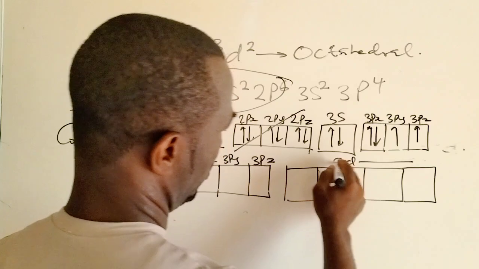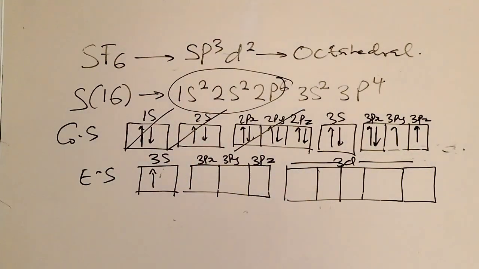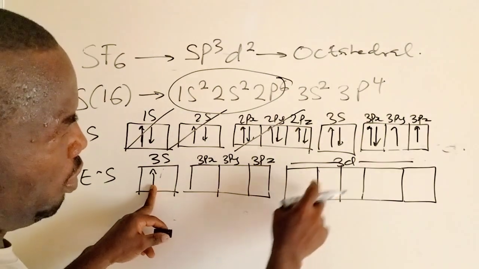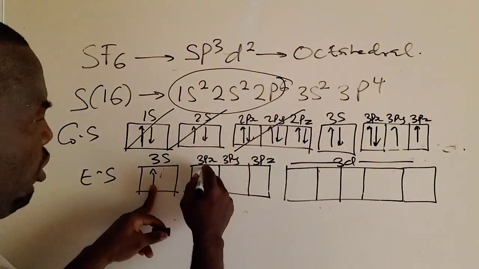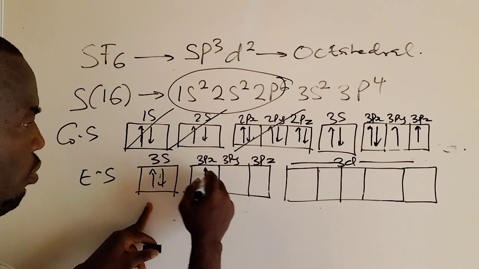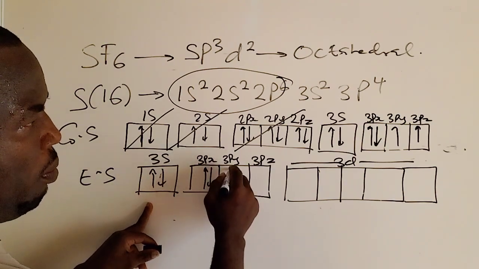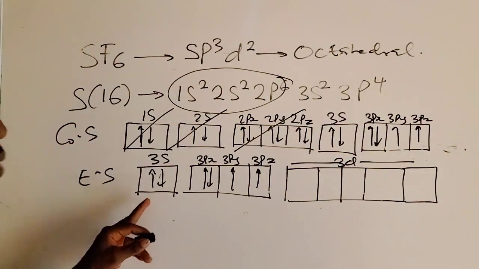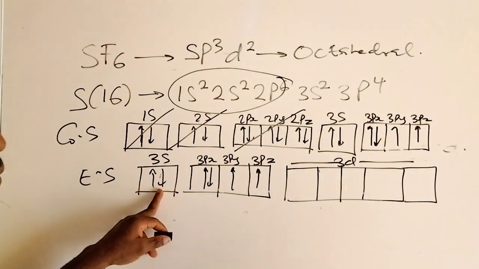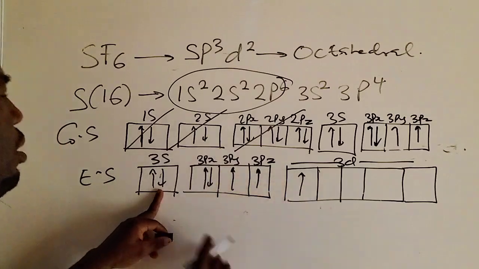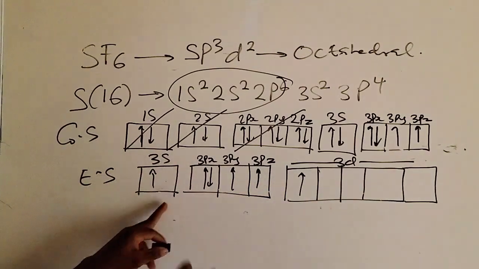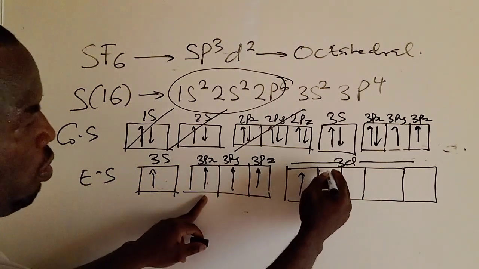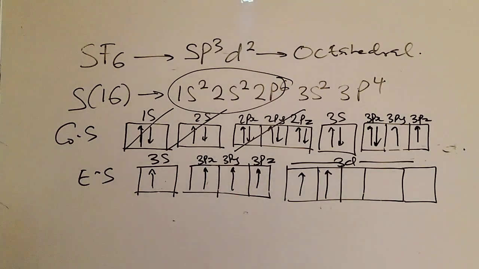So let's just put 1 electron from the 3s. Let me just fill it up first, then I can do the illustration. Good. So in the excited state, 1 electron from 3s will jump into an empty 3d, meaning 1 here. 1 from 3p will also move to make it single into an empty 3d.